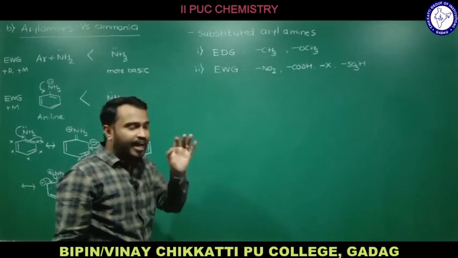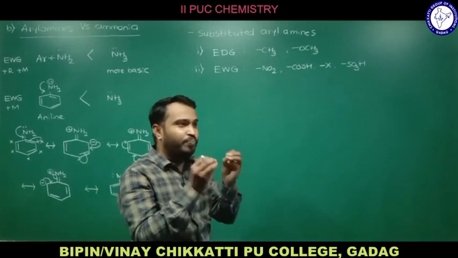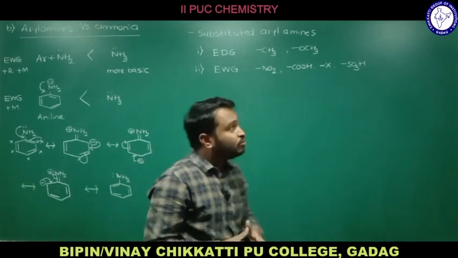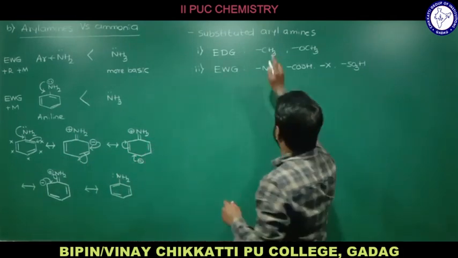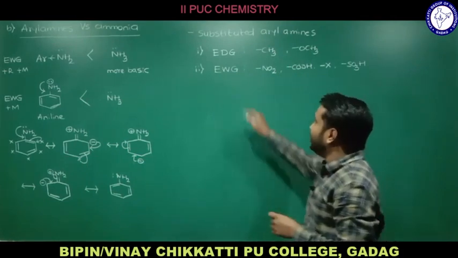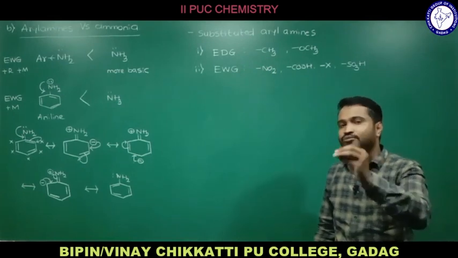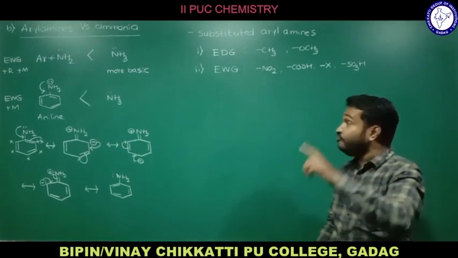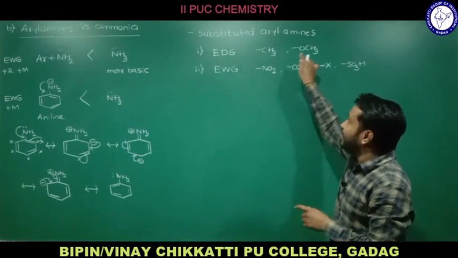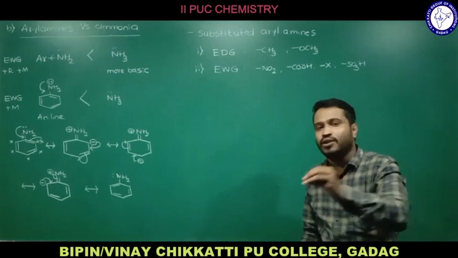Now, as we know, the basic nature depends on the availability of electrons for protonation. In case of substituted arylamines, or aniline as an example, if an electron donating group is present, what happens? Nitrogen has a lone pair of electrons, and if the ring is substituted by an electron donating group, these groups donate electrons.